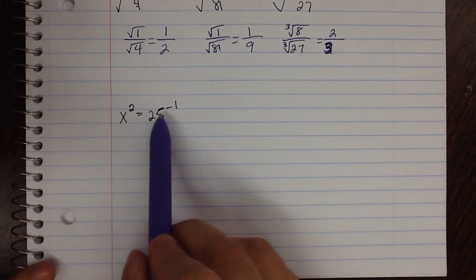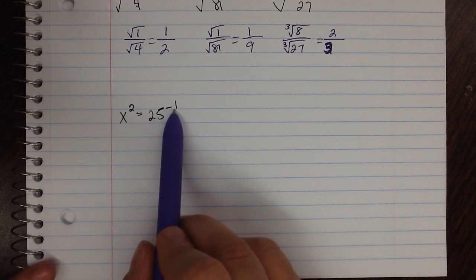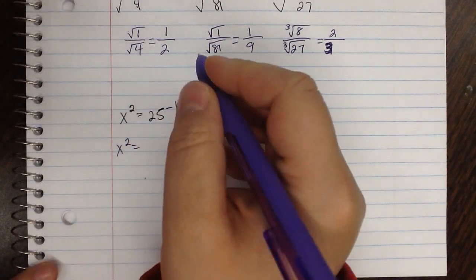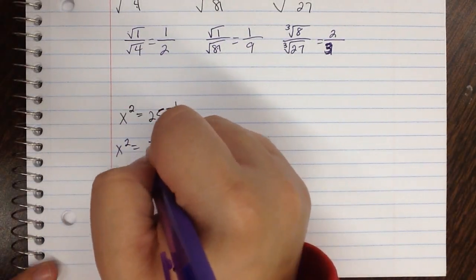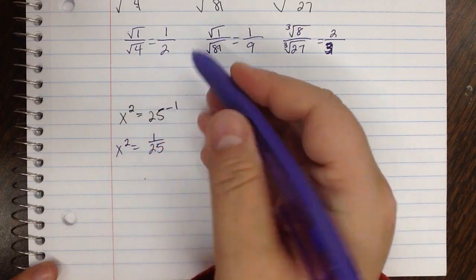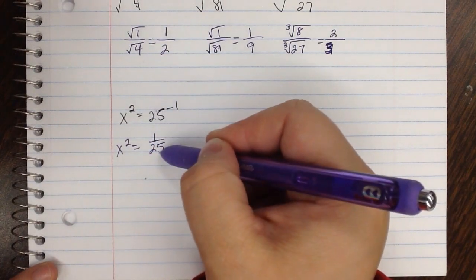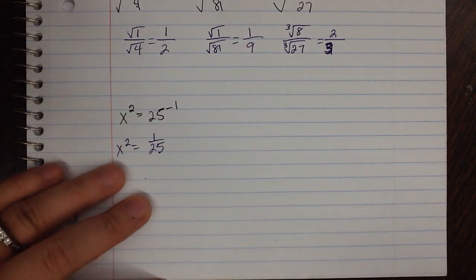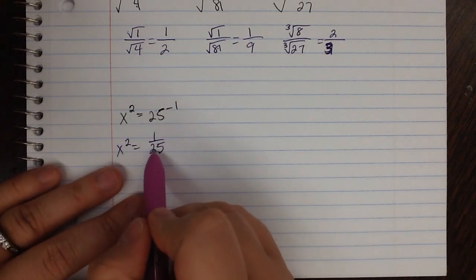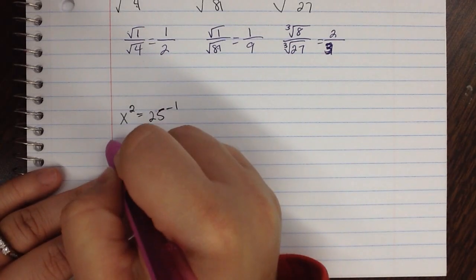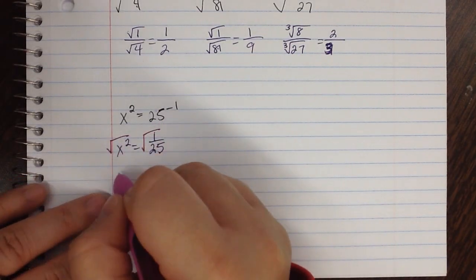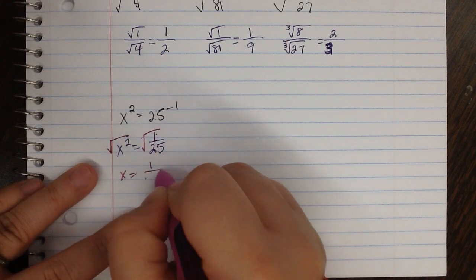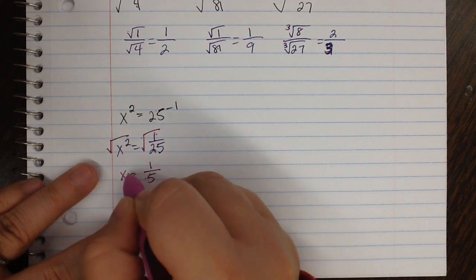We're also going to look at equations like this, and in math, you guys have talked about negative exponents. So we should know how to change 25 to the negative 1 to a fraction. So this would be x squared equals 1 over 25. That's what the negative 1 does. It takes the 25 and puts it in the denominator. So now we're looking for what number times itself is 1 over 25. So we would square root both sides. So x equals, the square root of 1 is 1, the square root of 25 is 5.